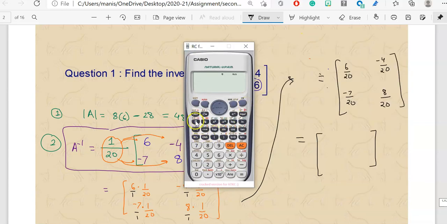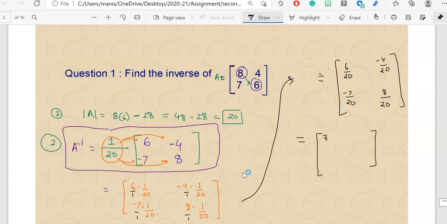Now first one is 6 over 20. So I will write 6 in the fraction over here, and then 20 over here. When I do this, what I'm left with is 3 over 10. Similarly for this one, negative 4 over 20.